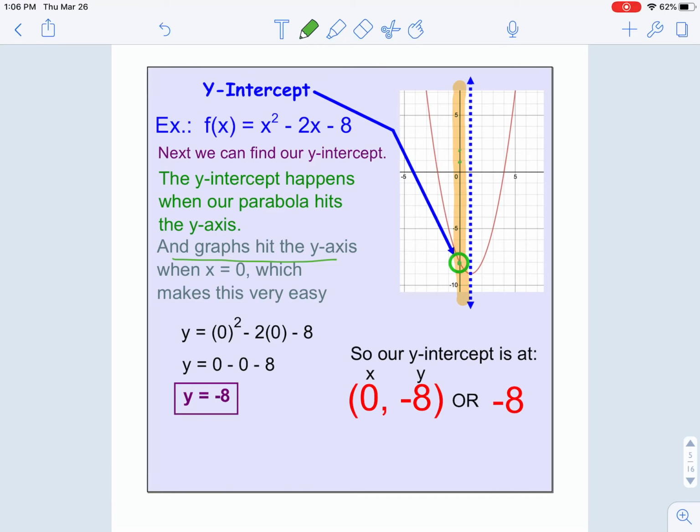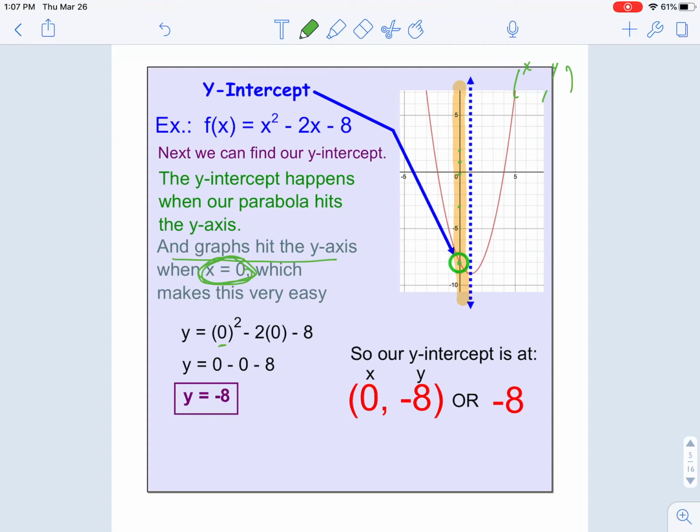Well, because if I'm talking about this point or this point or this point down here, I haven't moved left or right. When we're talking about a coordinate and I say move x to the left or right and then up or down y, well, if I'm directly on the y-axis, I didn't move left or right. So I always know anytime I'm talking about a y-intercept, x must be equal to 0.